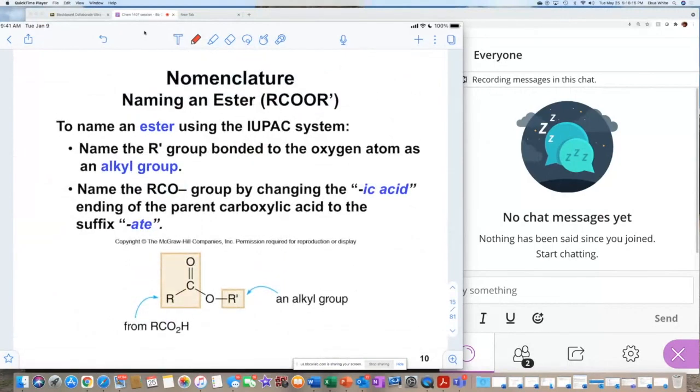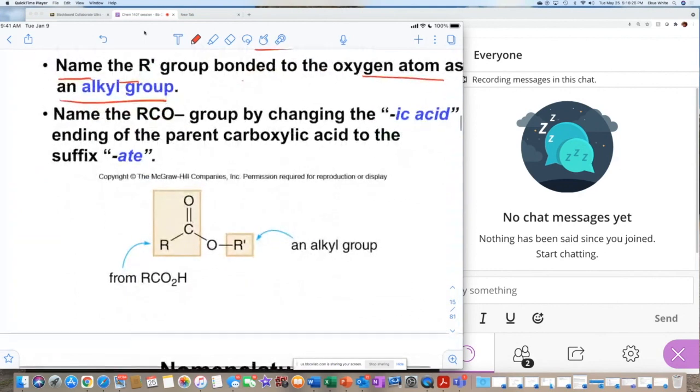With the ester, we're going to name the ester using IUPAC system. Name the R group bonded to the oxygen atom as an alkyl. That's the part that's kind of tricky, right? We have 2 components to this kind of functional group, which is a little different from the other ones.